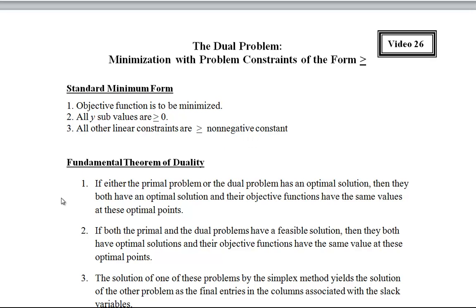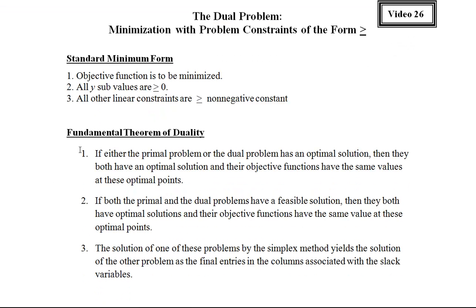Now, the fundamental theorem of duality. If either the primal problem or the dual problem has an optimal solution, then they both have an optimal solution, and their objective functions have the same values at these optimal solutions. It's really cool.